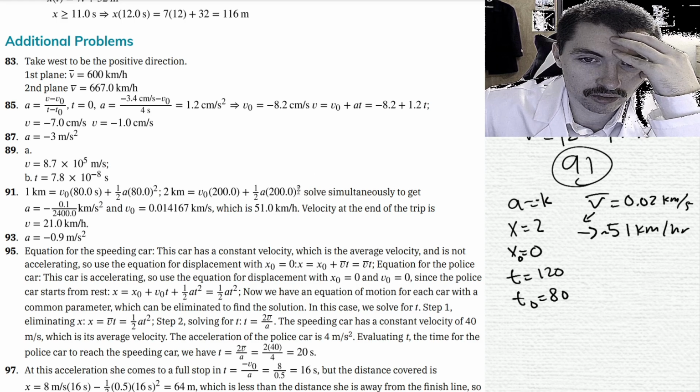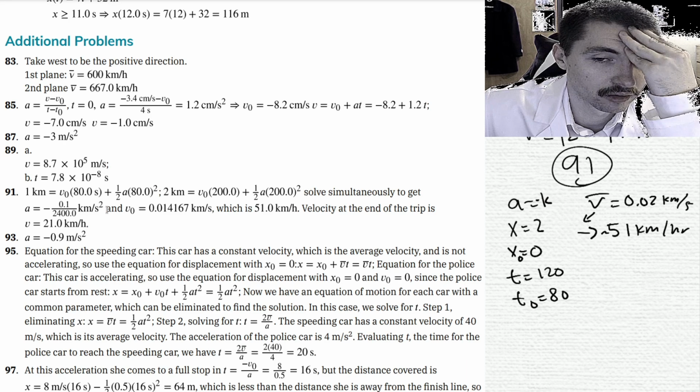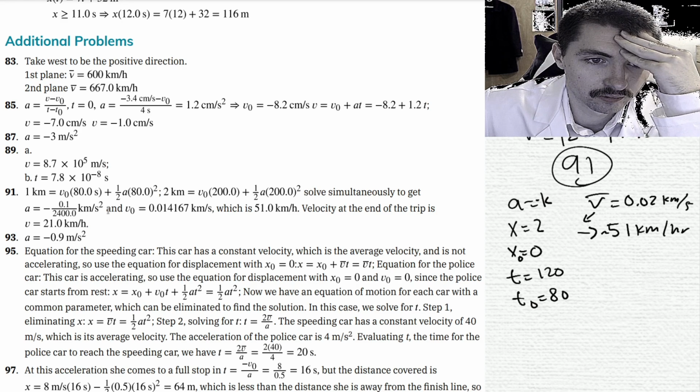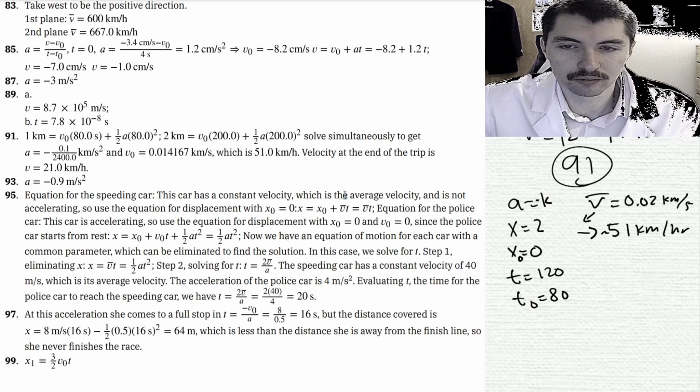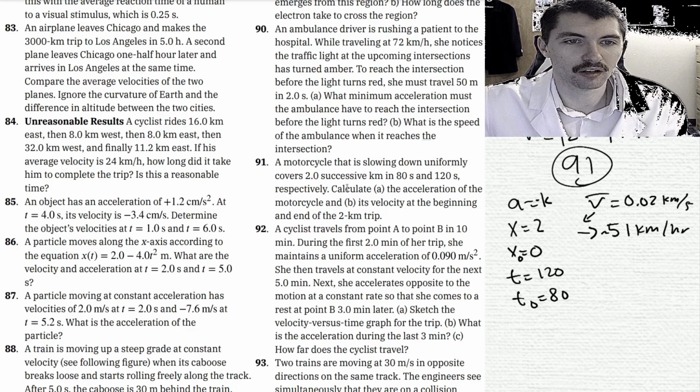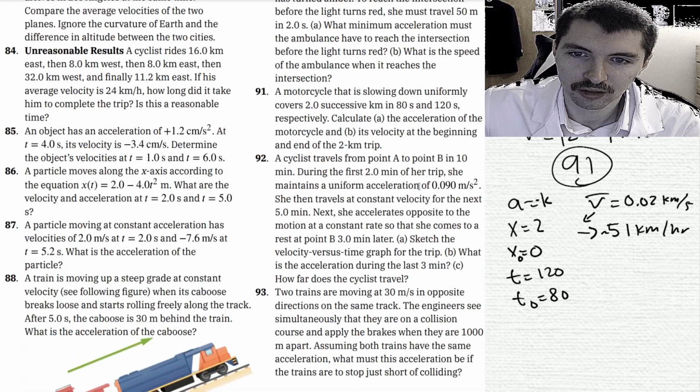I'm guessing they're isolating V naught and then plugging that into here and here to get these numbers. Okay, I want to move on.